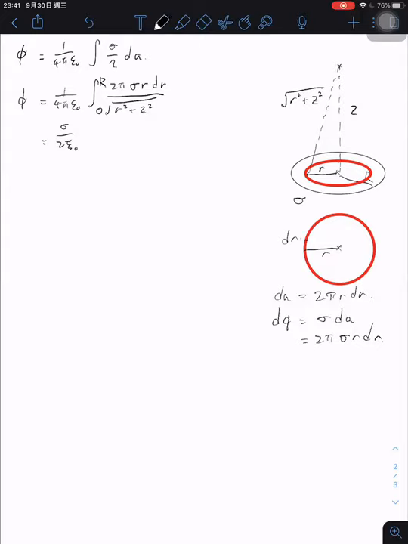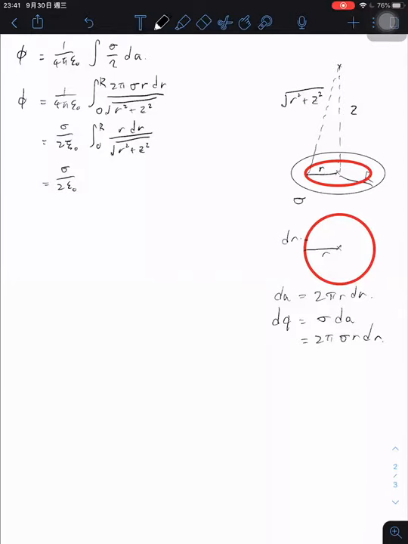After moving all the constants out of the integral, we are left with r dr over the square root of r squared plus z squared, integrated from 0 to big R. This is not difficult to calculate.